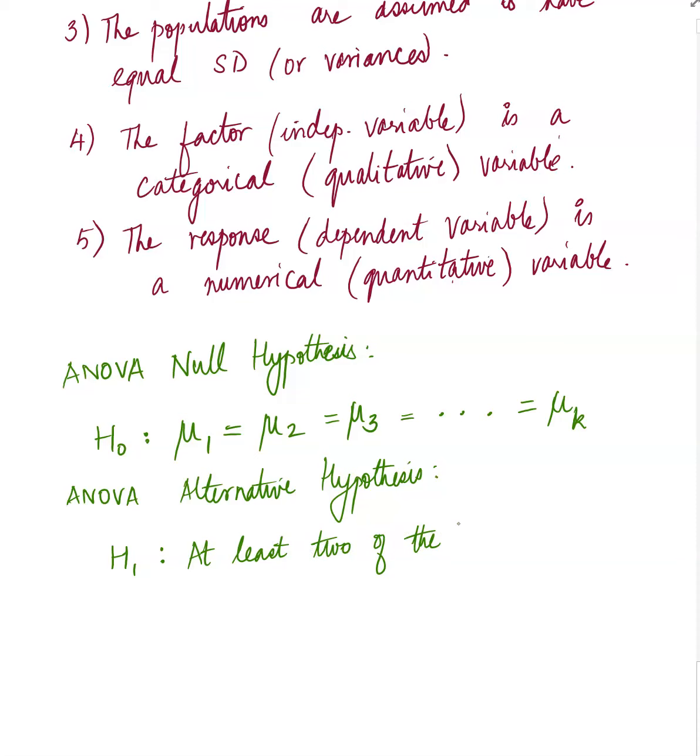The fact that at least one of them is not equal would actually hold true, right? If one of them is not equal to another, then that affects your H0. That's why we say at least 2 of them are not equal, because you need one to compare with the other. So at least 2 of the group means.